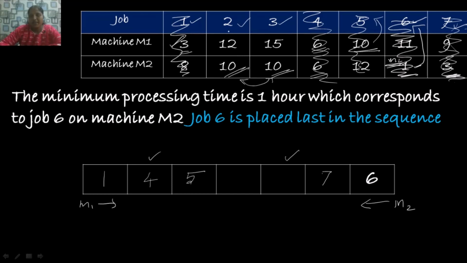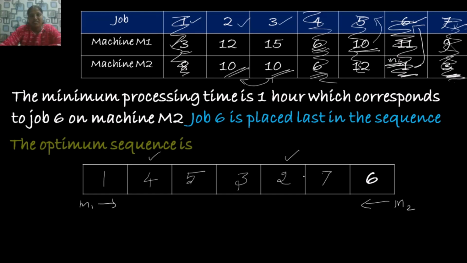Now I place job 2 next to last and job 3 in the fourth cell. I arbitrarily choose this. Either you place job 3 here or job 2 here. That is your option.